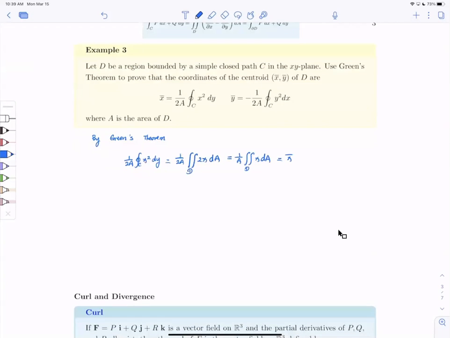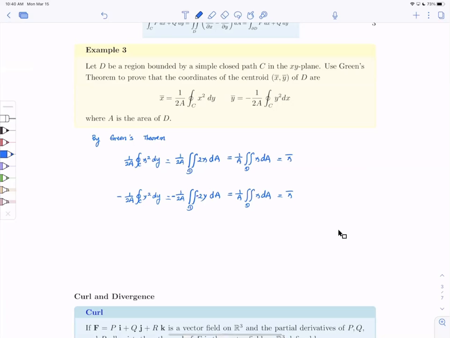Similarly, you can do the same thing for y. It's really similar. So let me change it to y squared. And here is 2y. Oh, it's negative.